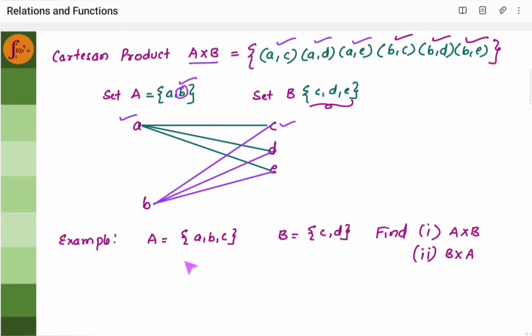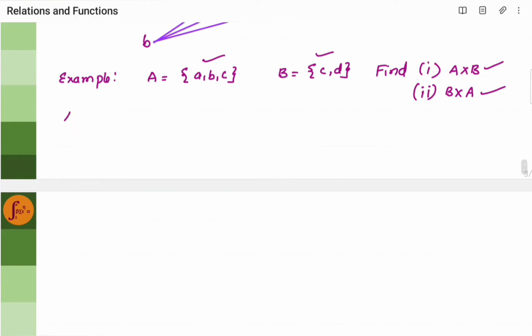So now let's take an example, right? Say set A has 3 elements and set B has 2 elements. We'll have to find A cross B and B cross A, right? Both of these are not the same. Let's verify that. Let's find out A cross B. Now let's write the ordered pairs.